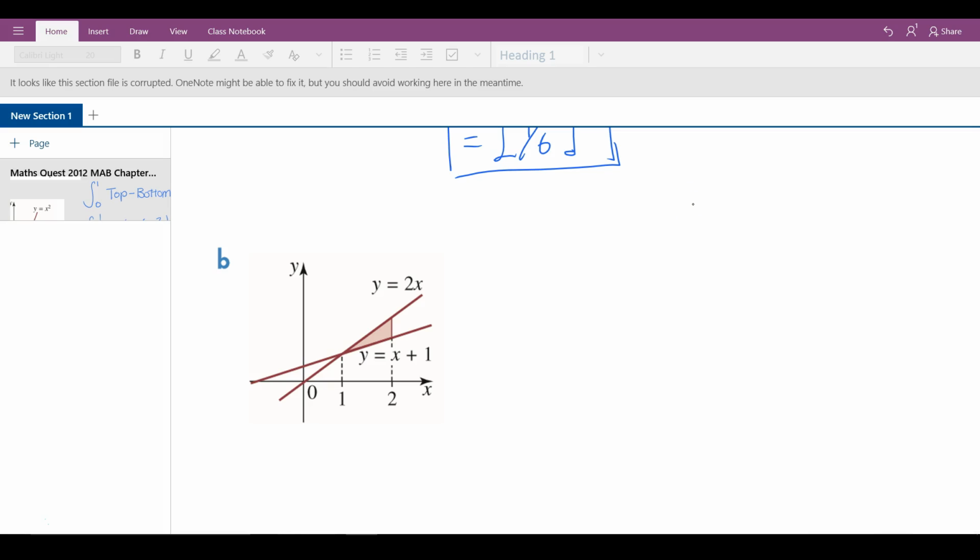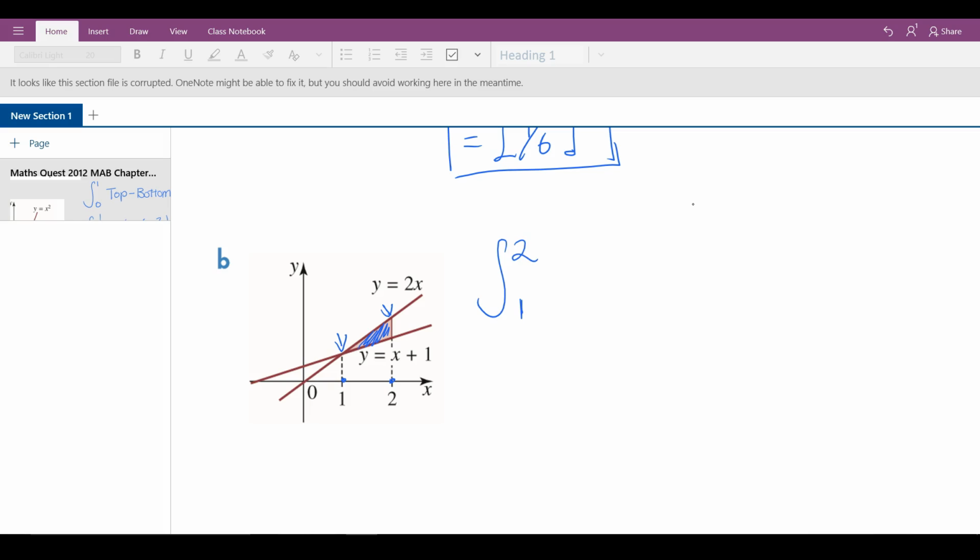So we're going to integrate. We're going to find this area. We're going to integrate from x equal to 1 to x equal to 2, these two points. No biggie, so it's always from 1 to 2.